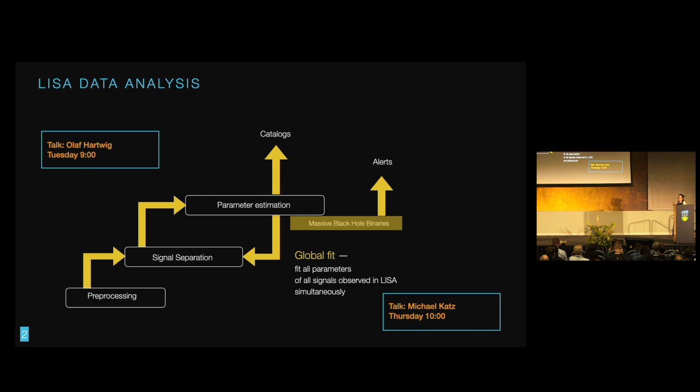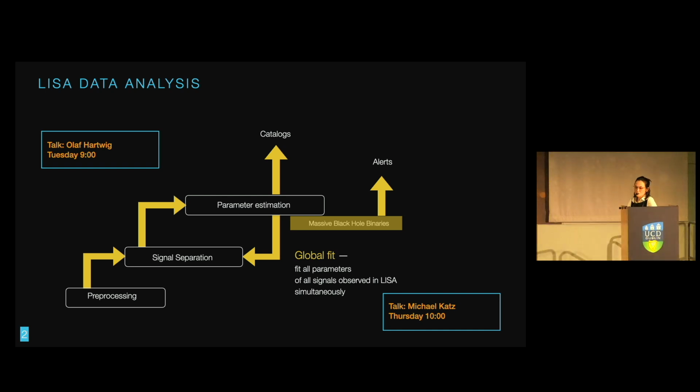And in addition to that, on Friday afternoon, there will be a dedicated session with parallel talks with different group contributions to resolving this problem. And as the output of our data analysis that we then deliver to the astronomers, we will have catalogs or alerts for the fast estimation of the massive black hole binaries.